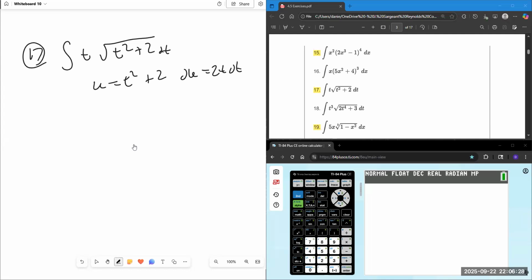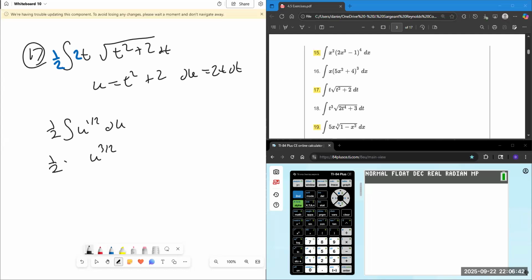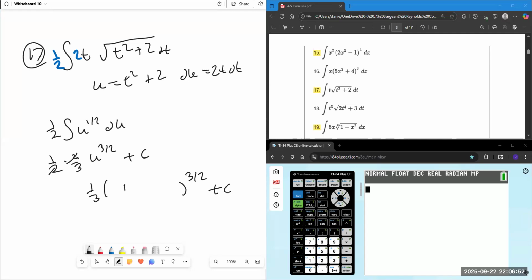So I need a 2 and 1/2 to balance it out. So this is 1/2 integral u to the 1/2 du. So 1/2 u to the 3/2 times 2/3 plus c. This will be 1/3 u to the 3/2 plus c, and u is t squared plus 2. Let's look at number 19.